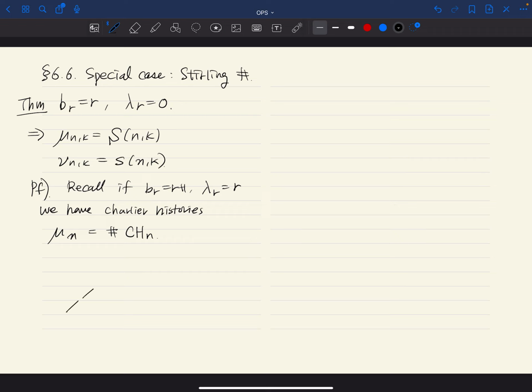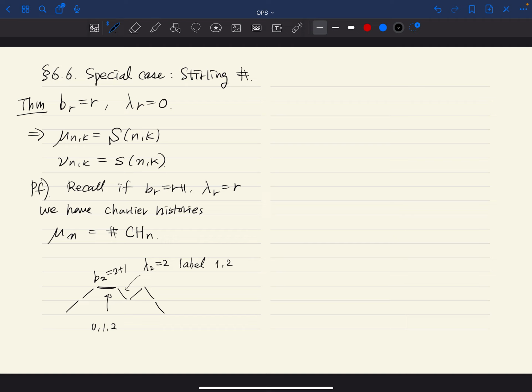We have up, horizontal, or down, something like that. Here, the usual weight is b_2 in this case, but this is 2 plus 1. That means we select here, we label this 1, 0, 1, 0, 1, 2, among 0, 1, 2. We put weight here. And here lambda_2 equals 2, then we label this with 1 or 2, like that. And that was the definition of a Charlier history.